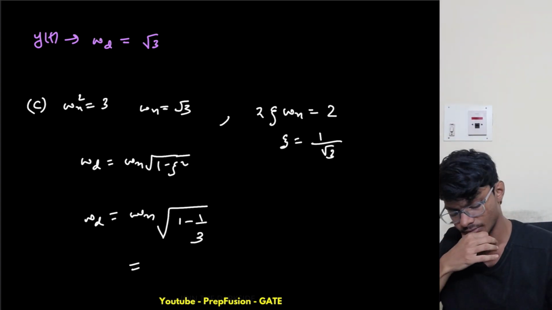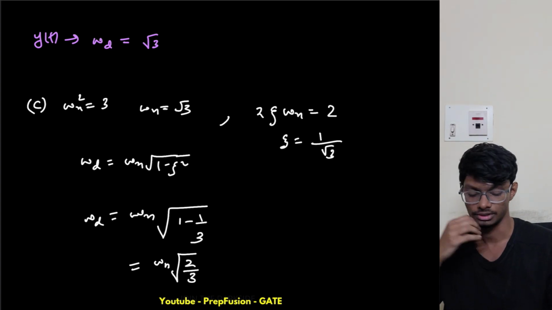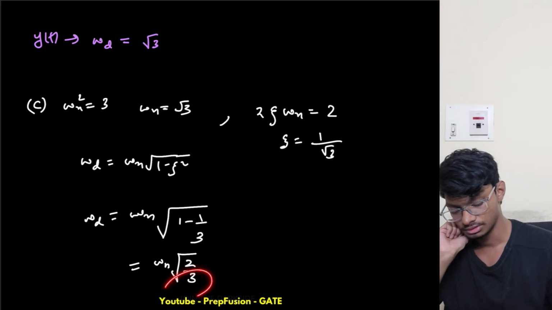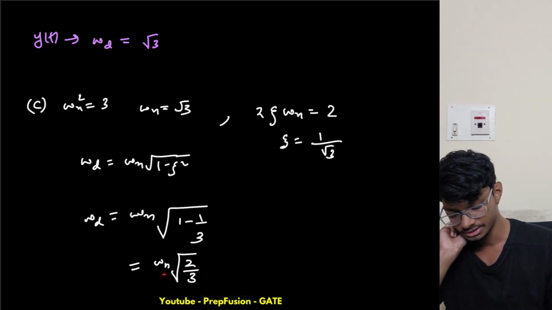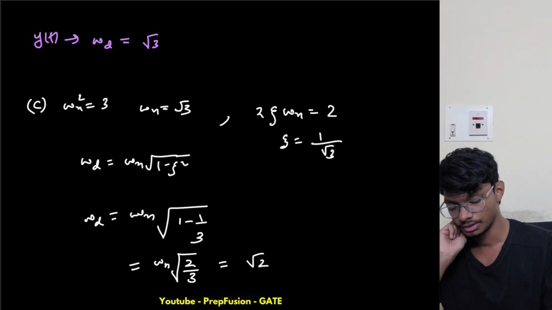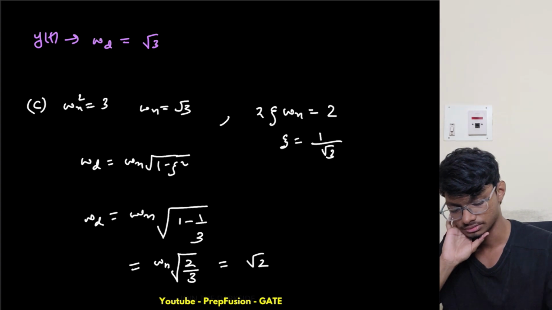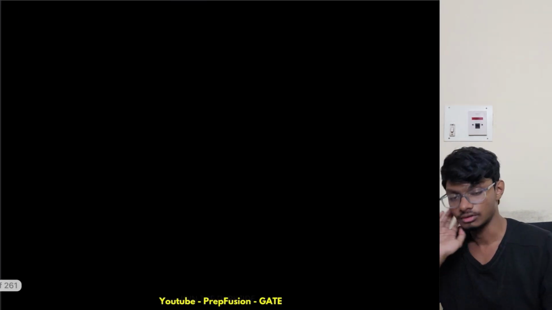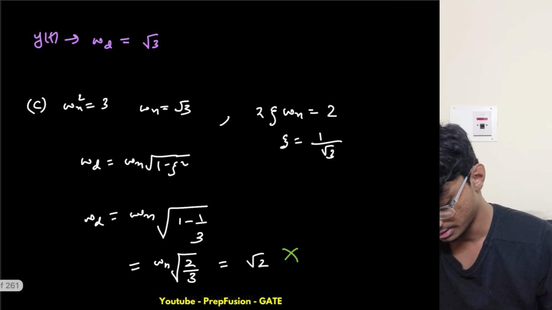So this is omega n under root 2 by 3, okay. So as you can see, this is something less. Omega n is under root 3, right? So it becomes under root 2, but I want my omega d to be under root 3, so this is not my answer, okay. Now let's check for the other one. Obviously I could have stopped much earlier, but just to show you guys what omega d actually comes to. So now let's check option D.